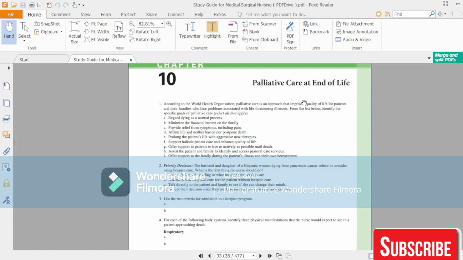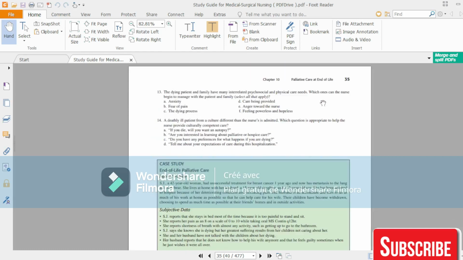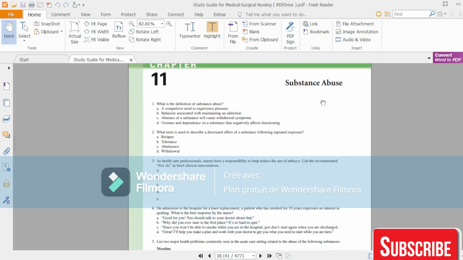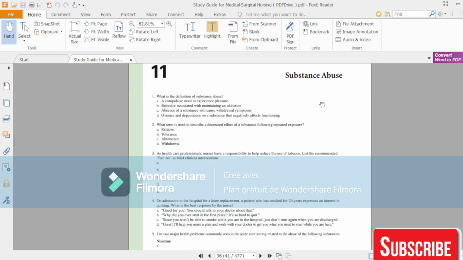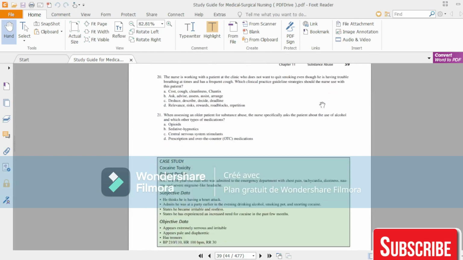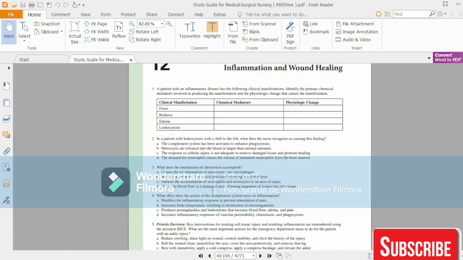Chapter number 10, which is palliative care at end of life, as you can see here. Chapter number 11, which is substance abuse. Also with case studies and discussion questions.